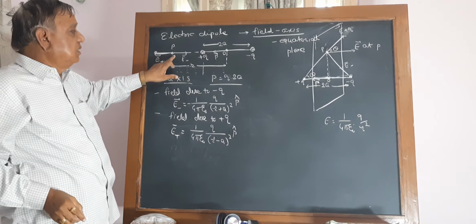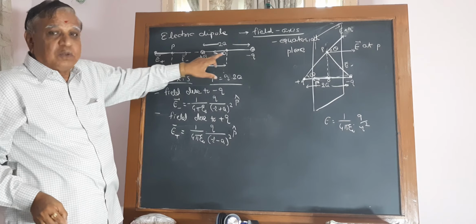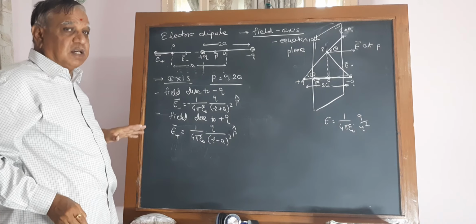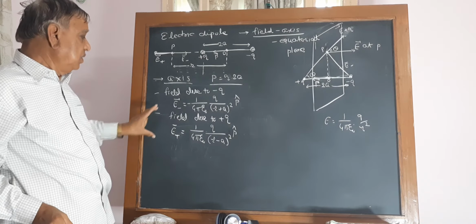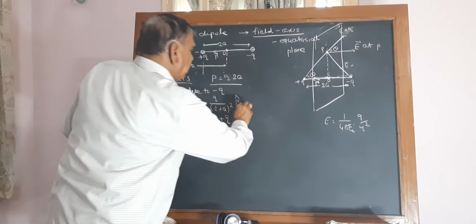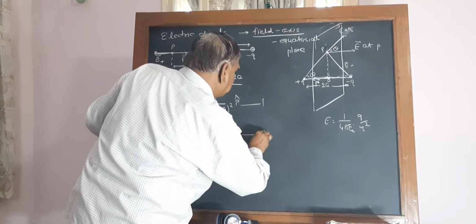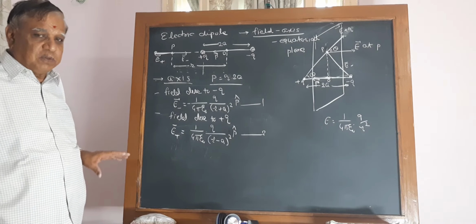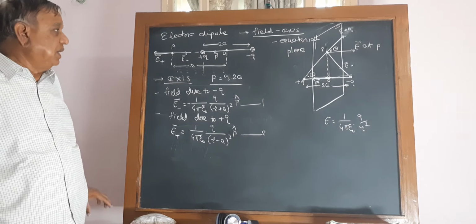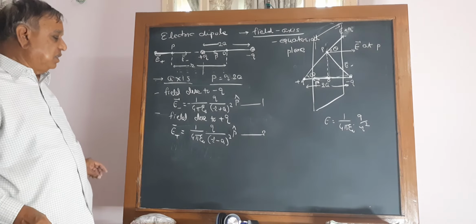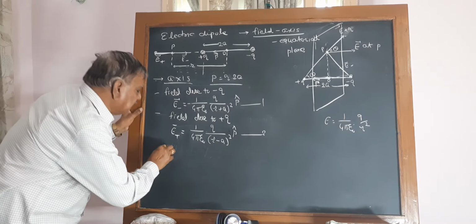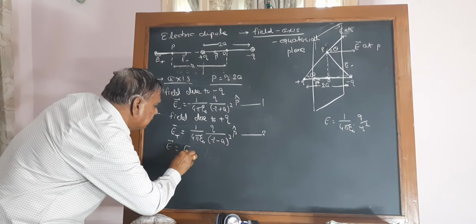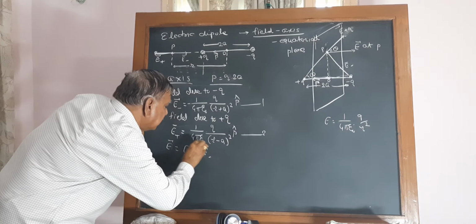E minus is opposite to the p vector, and E plus is along the p vector. So two fields are there, due to positive and negative charge. Now we have to find the net field, the total field at that point. According to the principle of superposition, E equals E plus plus E minus.